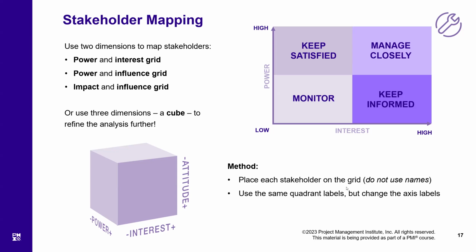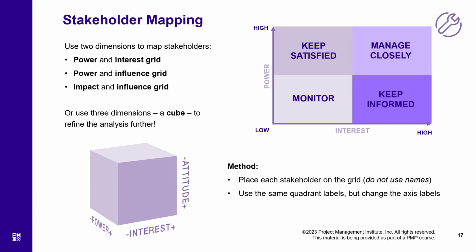We had started lesson number 2 and we were discussing a method which is called stakeholder mapping. For that, we discussed a flat 2D model which is called the power interest grid, or it could be the power influence grid, or impact and influence grid, because there are only two major parameters on which you want to judge all the stakeholders.